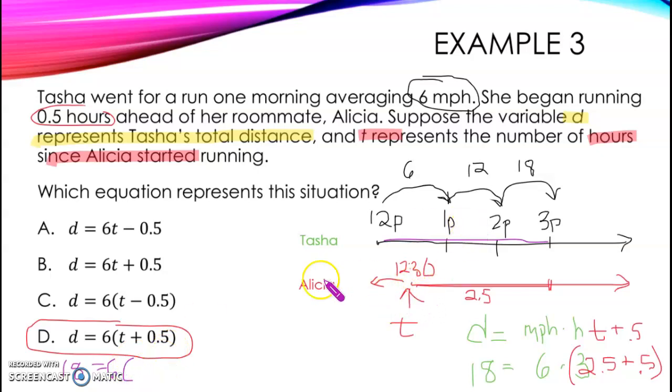And T is how long Alicia has run, and that's going to be 2.5 hours. We're going to add on 0.5 from there. You can plug this into a calculator or just redo the math that we did over here. 2.5 plus 0.5 is 3. 6 times 3 is 18, and that means option D is going to be our correct solution there.